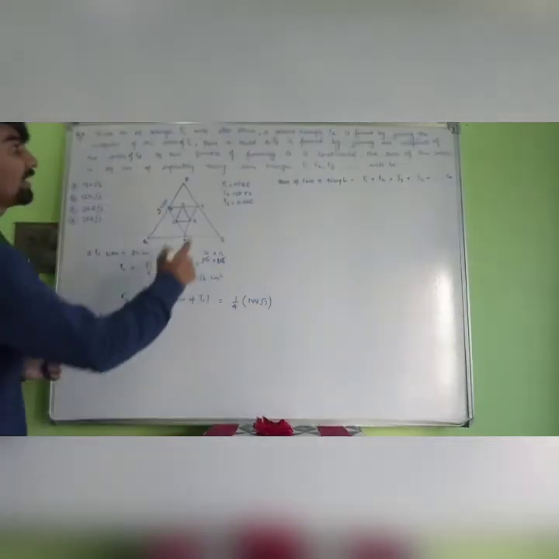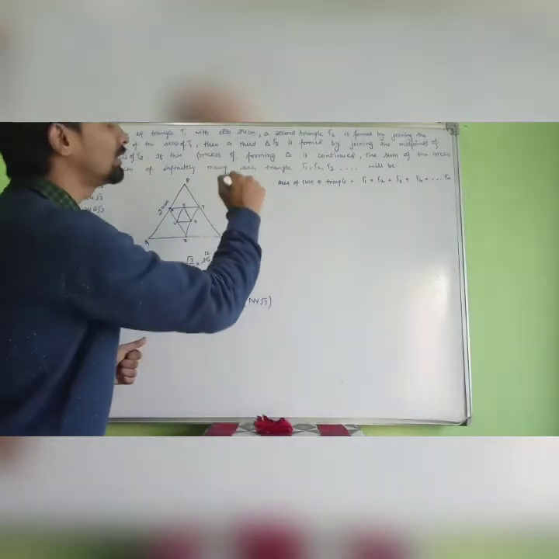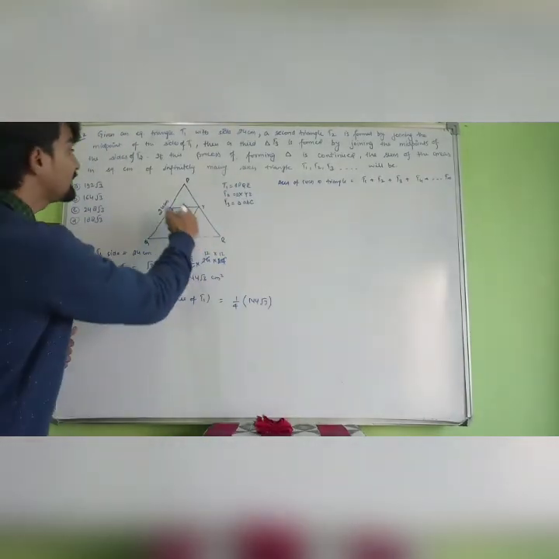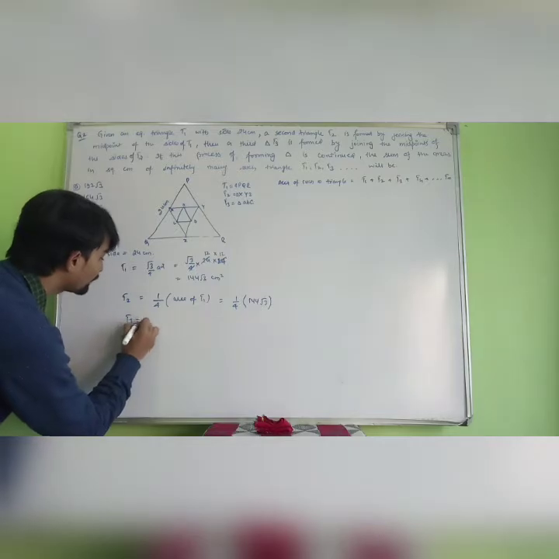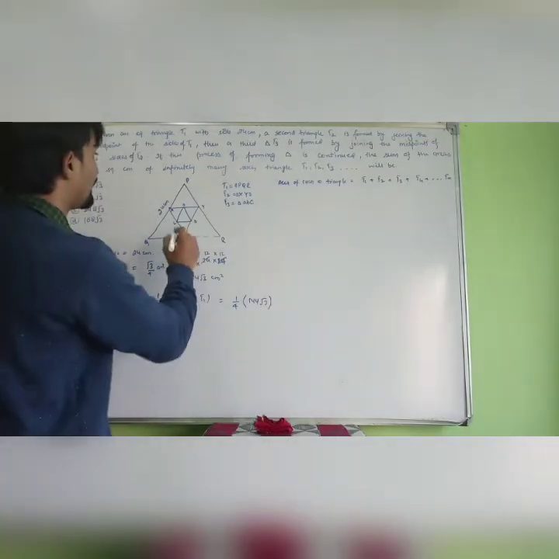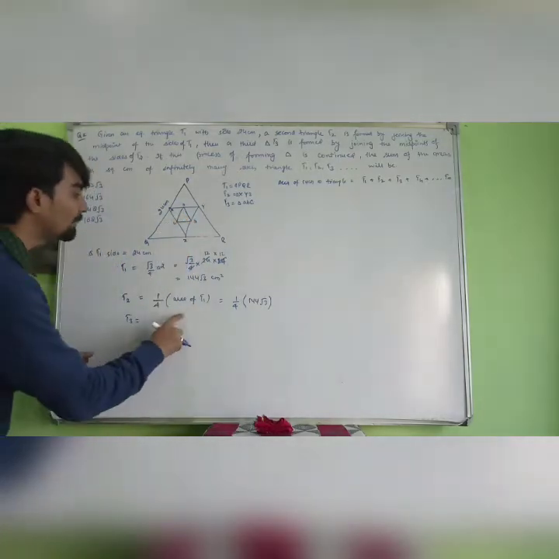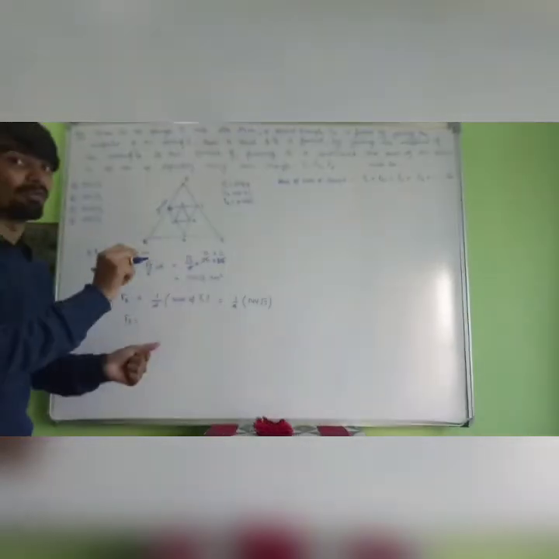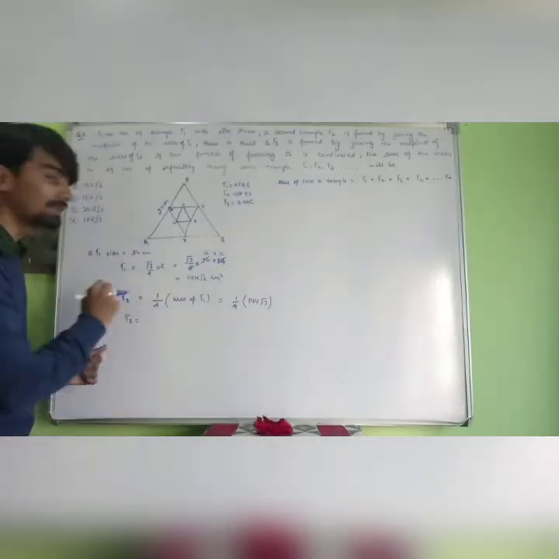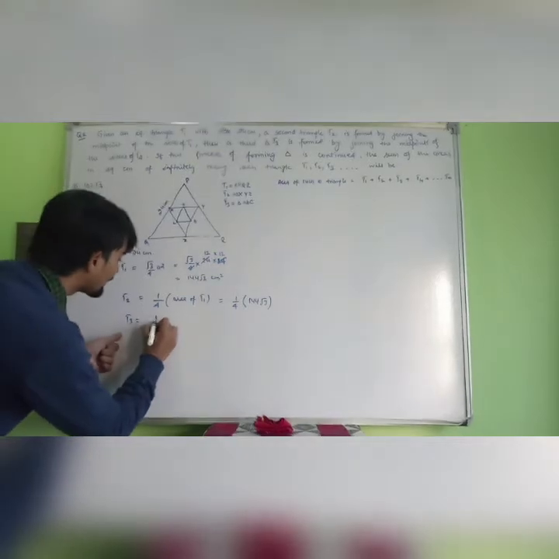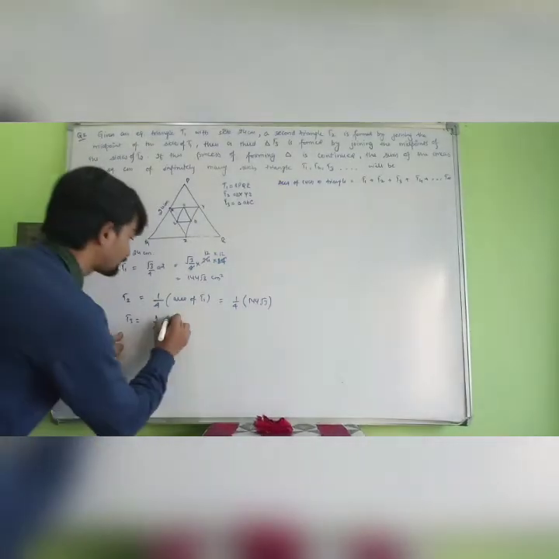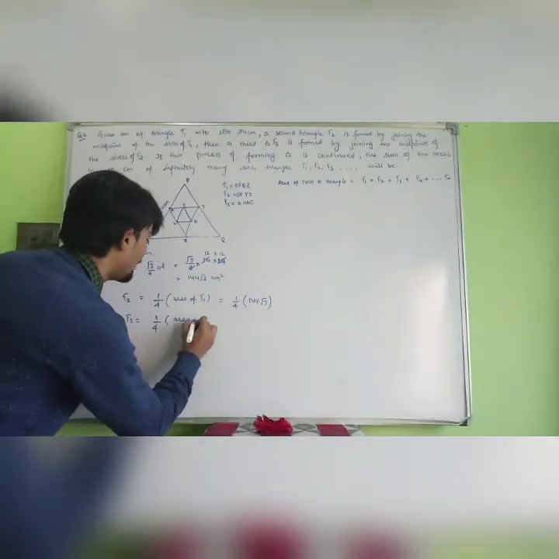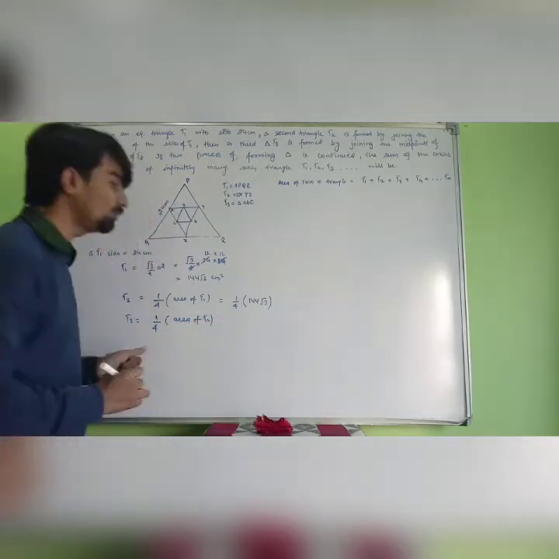Okay. Now if we calculate the area of the third triangle, that is T3, triangle ABC, the area of triangle T3 will be 1 upon 4th the area of the triangle T2, right? So we can write it as 1 upon 4 area of triangle T2.